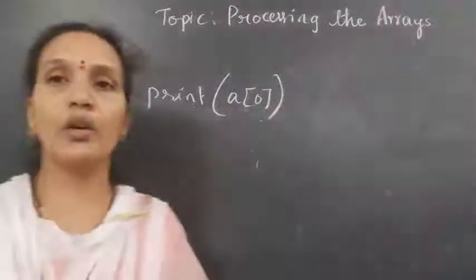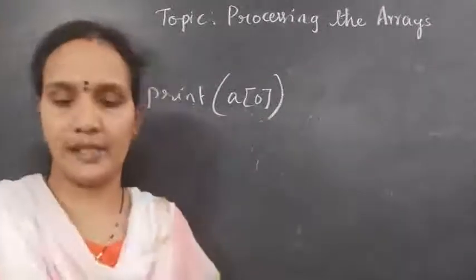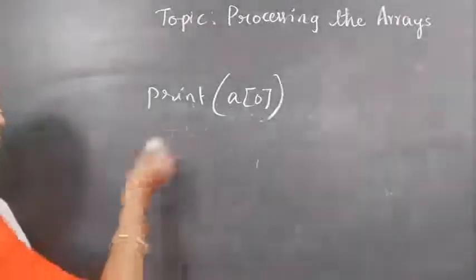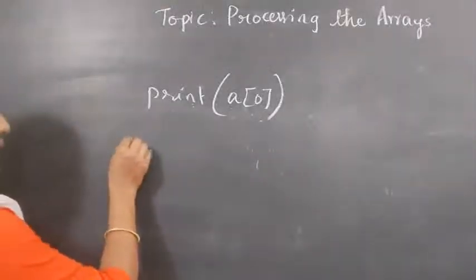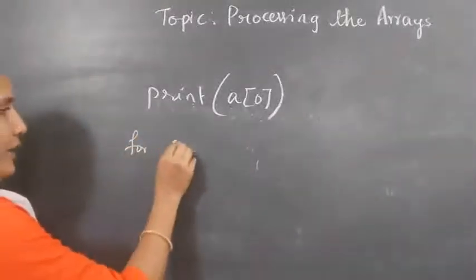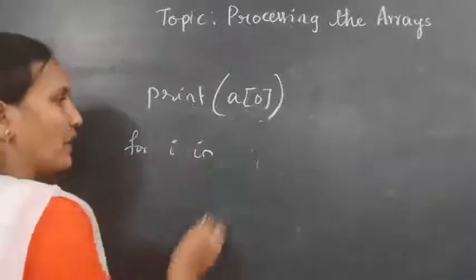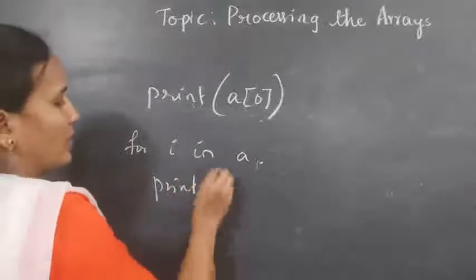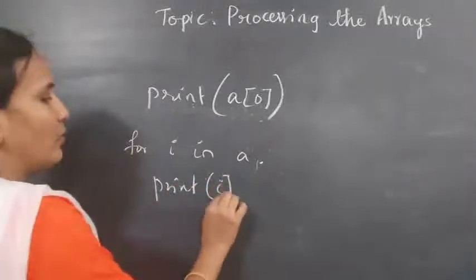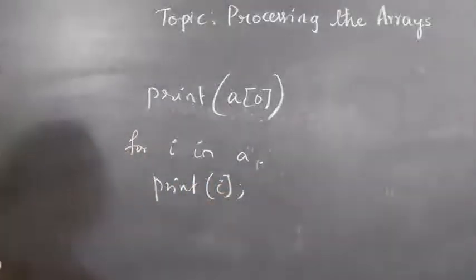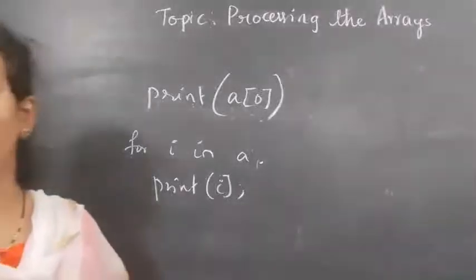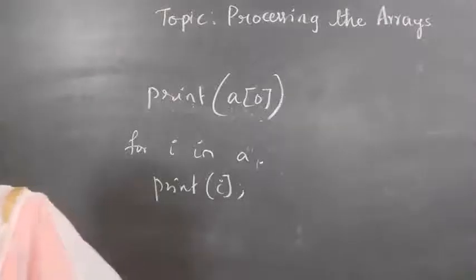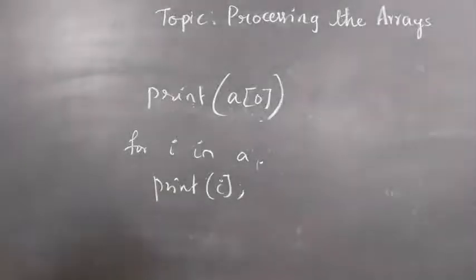To print all the elements from the array, for I in A, print I. Then whatever elements are there in the array, all the elements are printed. So you can print all the elements at a time using a for loop.